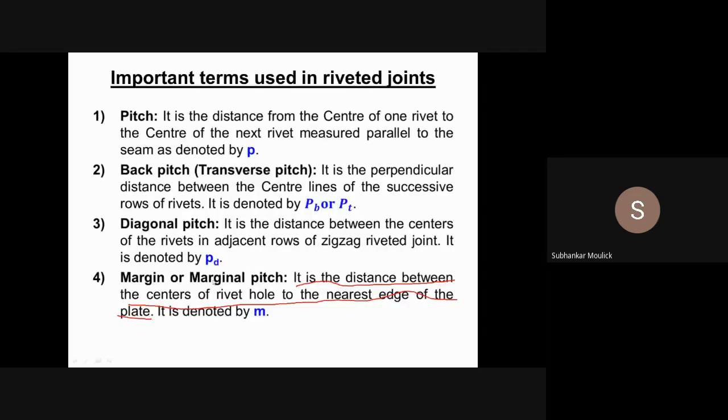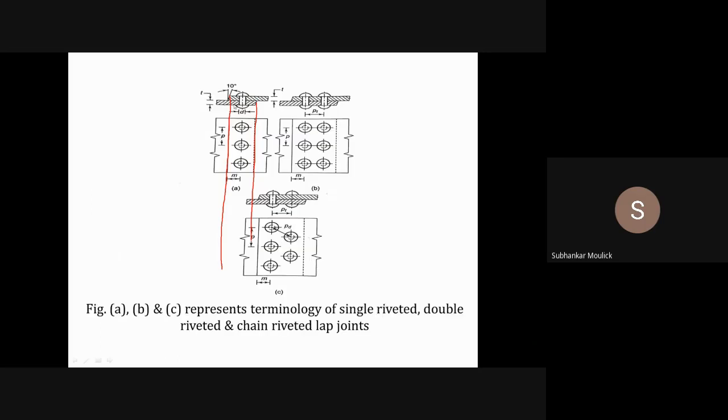So now it is defined as the distance between the center of the rivet hole to the nearest edge of the plate. That means if this is my plate A, the nearest portion is this edge, and if I consider plate B, the nearest portion is this particular edge.